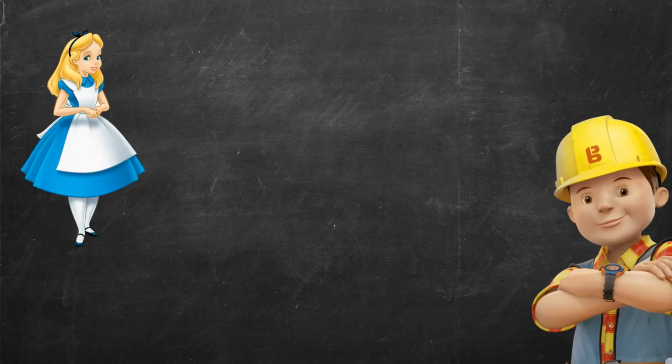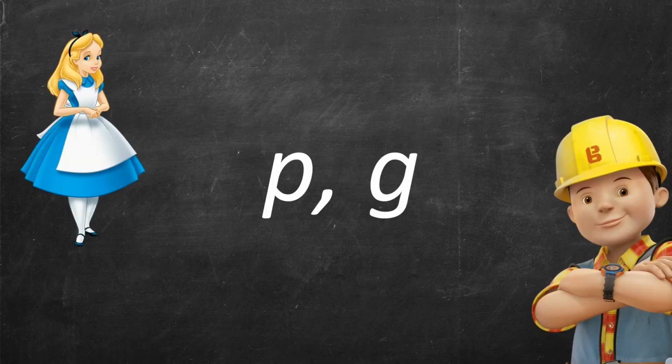But the math is actually even more complicated than what I just said. What actually happens is the classic Alice and Bob, and they need to send a message to each other. So the first thing that happens is Alice and Bob pick two numbers which we're going to call P and G, and we're going to use small numbers in this example because I'm going to try to keep it simple.